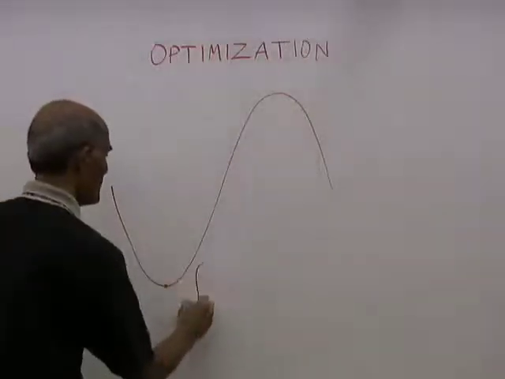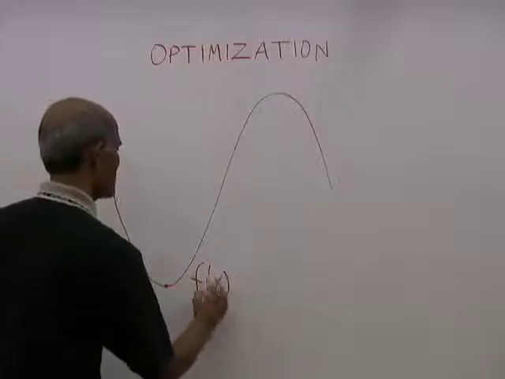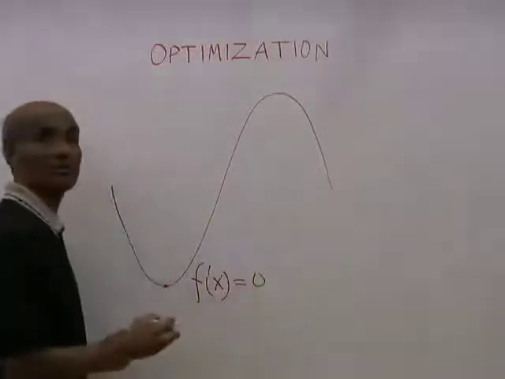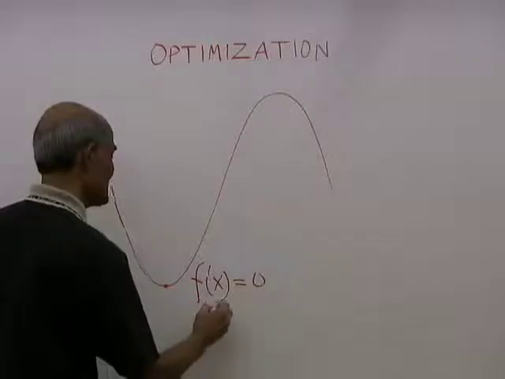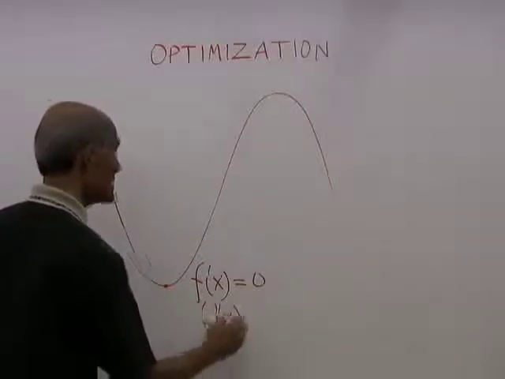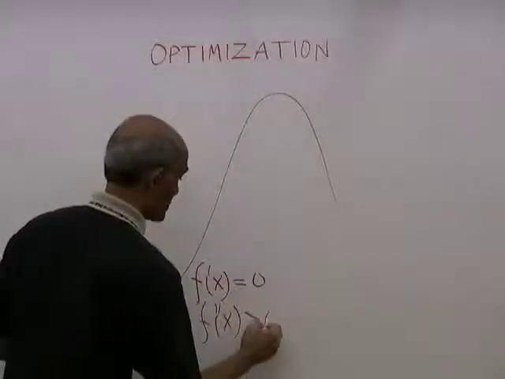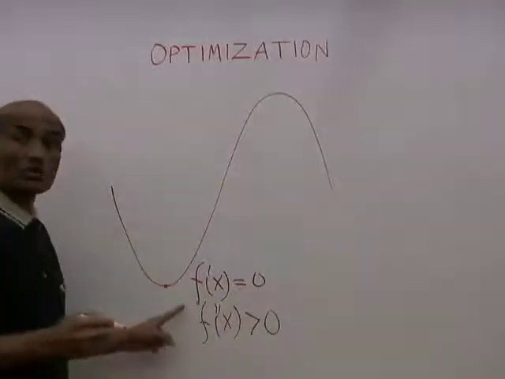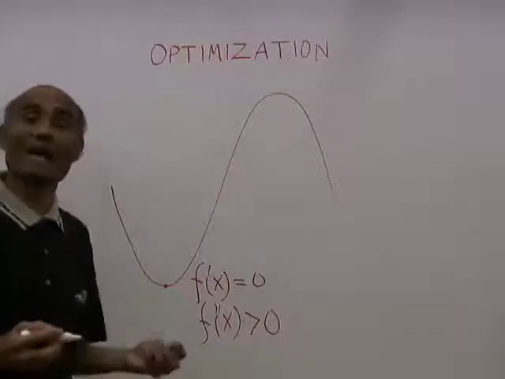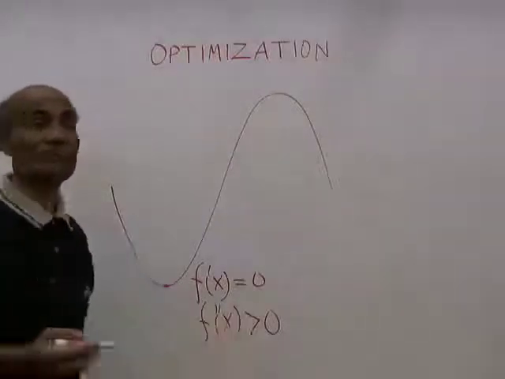At a minimum, we have the first derivative equal to 0, and the second derivative is positive. Is that right? That's right. So this is the condition for a relative minimum.